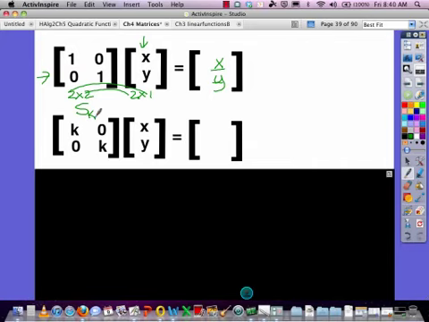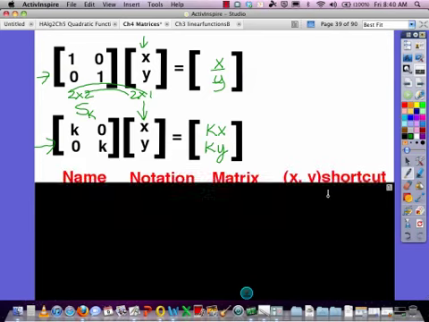Again, k times x is kx. 0 times y is 0. kx plus 0 is kx. Second multiplication would be second row, first column. 0 times x is 0. k times y is ky. Added together, we get ky. So we're getting that kx, ky matrix.